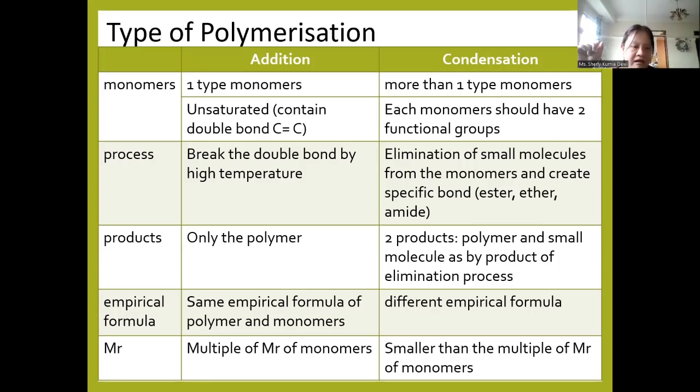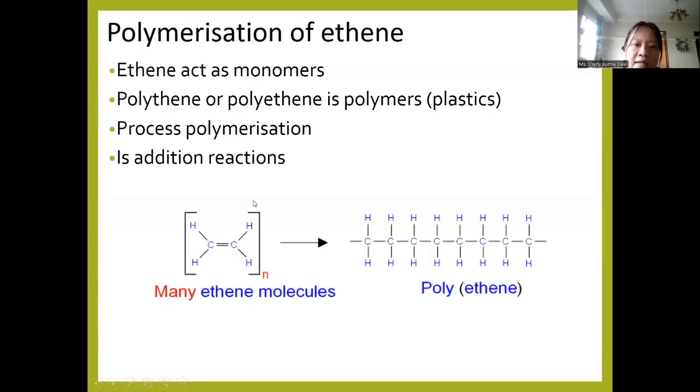Okay, the Mr of an addition polymer is a multiple of the Mr of the monomers, while in condensation, it will be smaller than the multiple of the Mr of the monomers because of the removal of small molecules mentioned before. Okay.